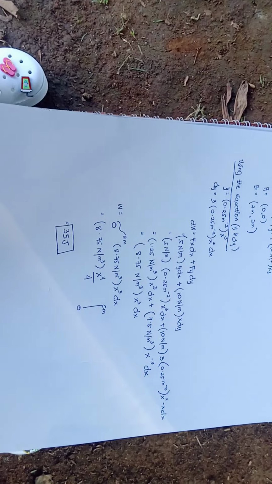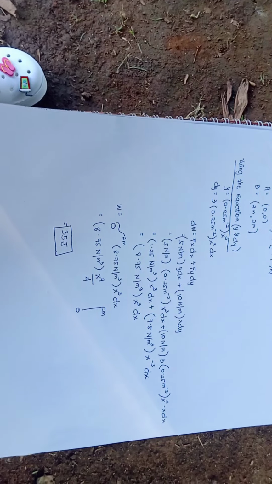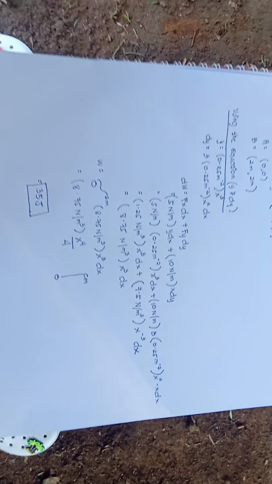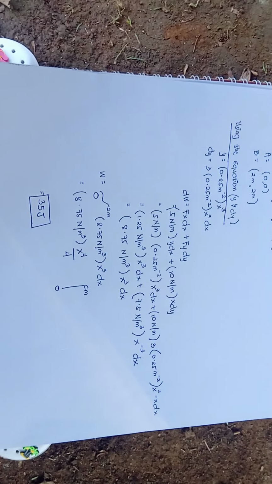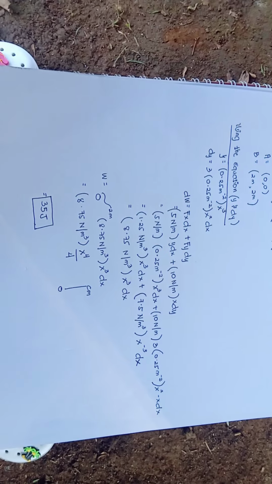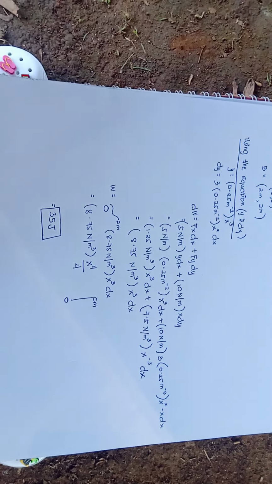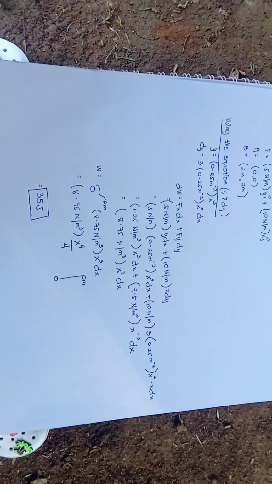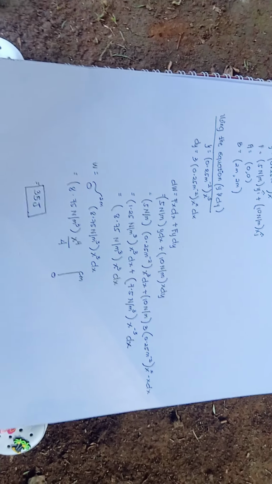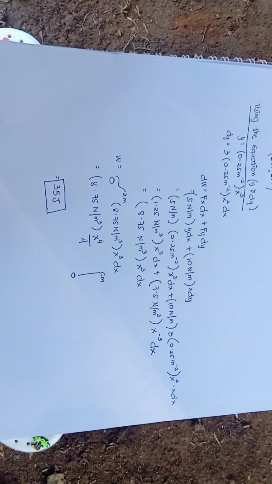For calculating the infinitesimal element of work, we have the formula dW equals Fx dx plus Fy dy, equals 5 newtons per meter plus 10 newtons per meter. Here Fx is 5 newtons per meter and Fy is 10 newtons per meter.